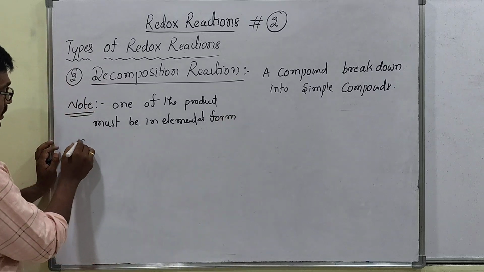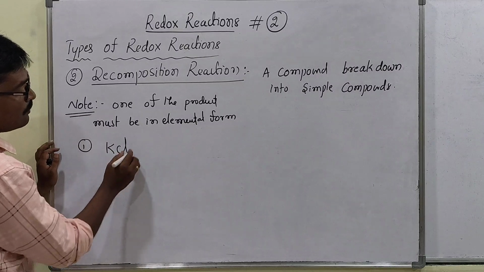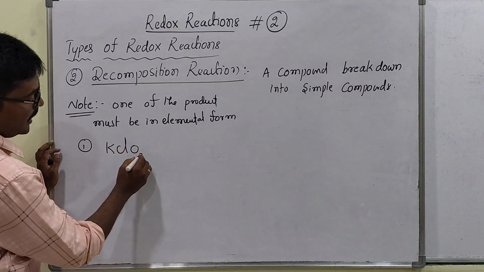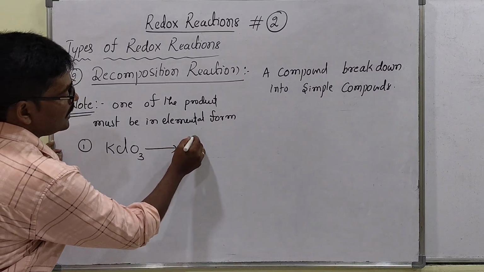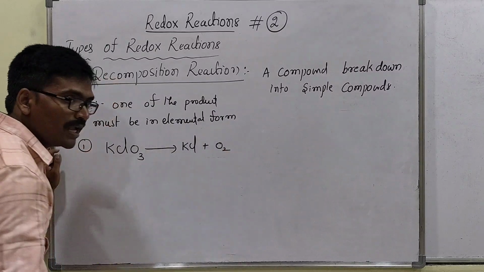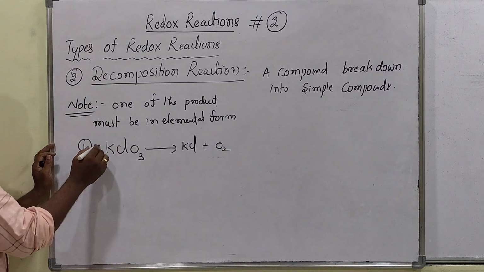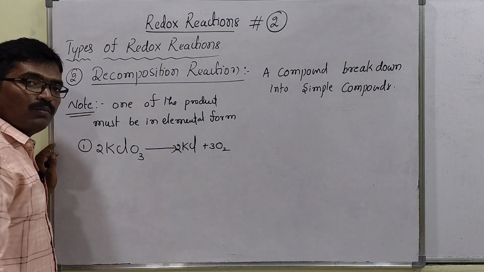For example, the decomposition of potassium chlorate: KClO3 is converted into KCl plus O2. It will be decomposed like this: KClO3 to KCl plus 3O2.